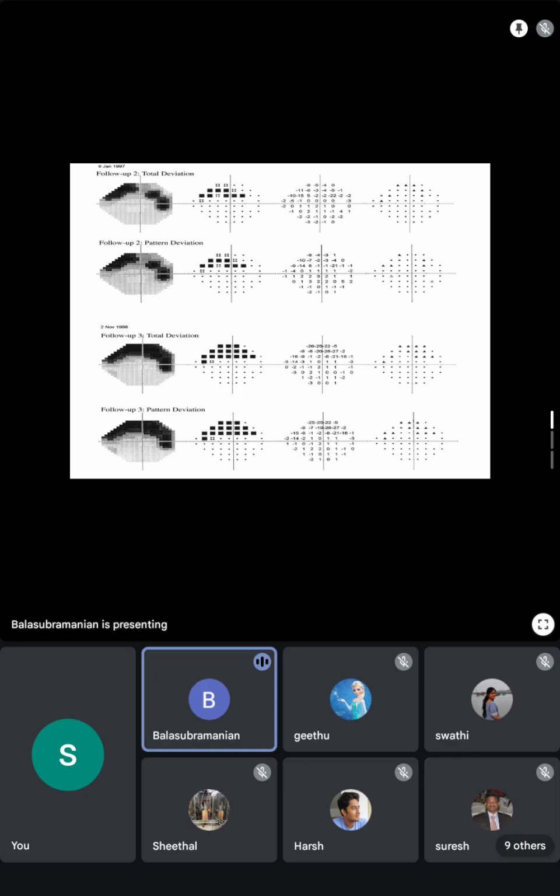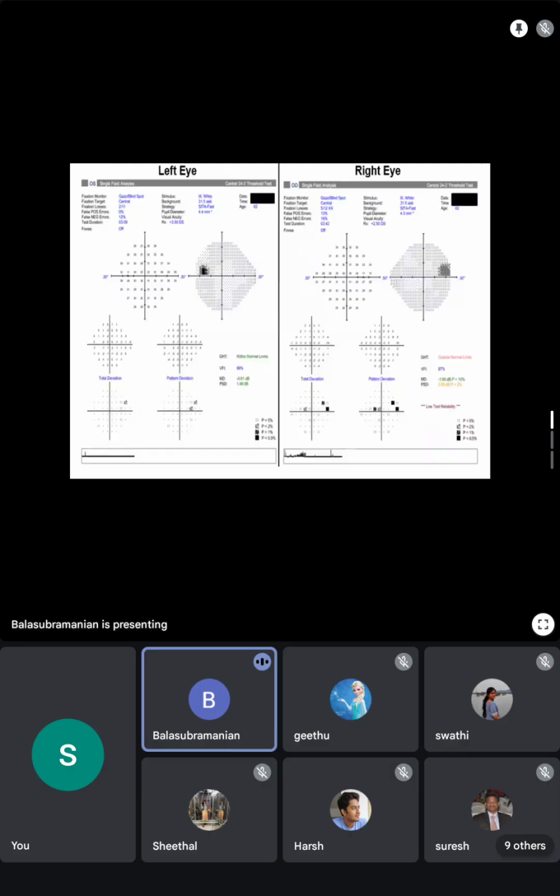This is a test done in January 97 and November 98 for a person. On comparison, the defects have increased in intensity from the top to the bottom. This is what I want to derive from this chart. We'll go to the next.